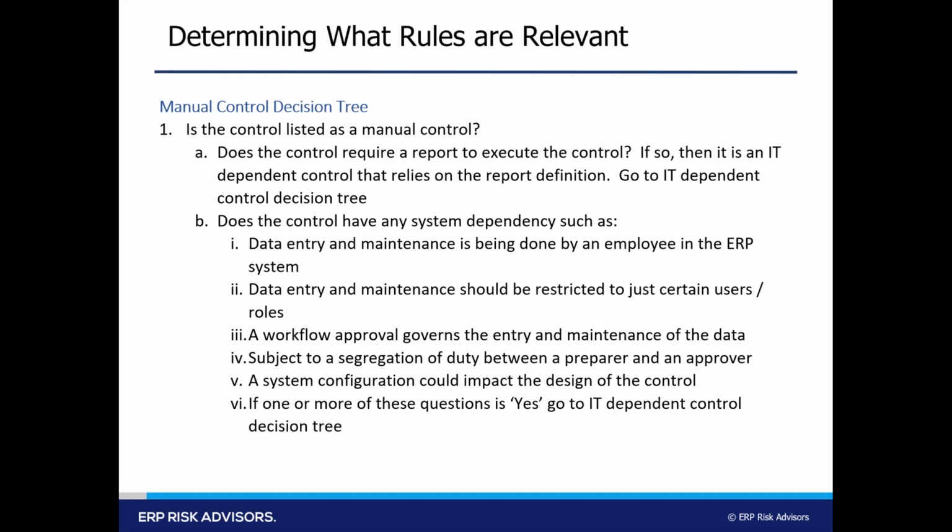Effectively, you're trying to say which controls rely upon the system. The one thing I will note is that what a lot of auditors don't look at in this context is manual controls. Where a control is manual, somebody has to take a report, review the report, and validate completeness and accuracy of the data entry and such. So that still requires some dependency.